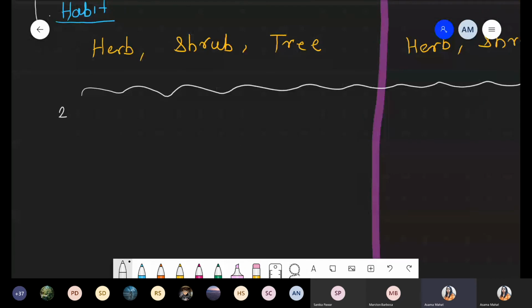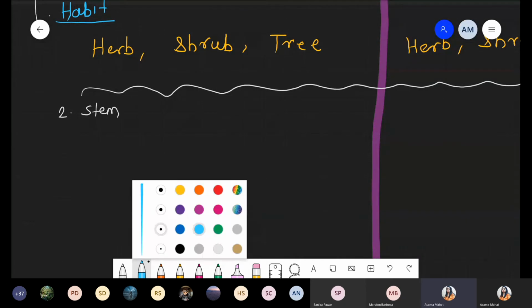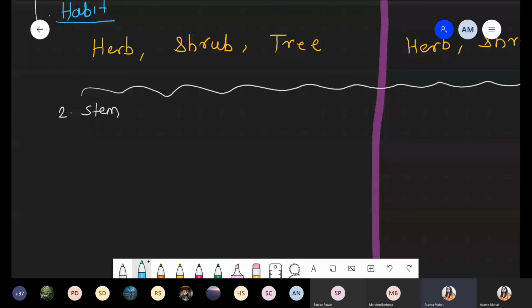After the habit, we are talking about stem, the structure of stem. When we are talking about stem structure, basically it may be herbaceous or maybe woody. So we are talking about two categories. Stem may be herbaceous, that is herb category, or maybe woody.